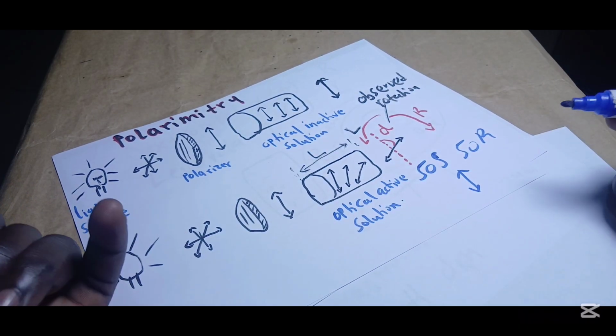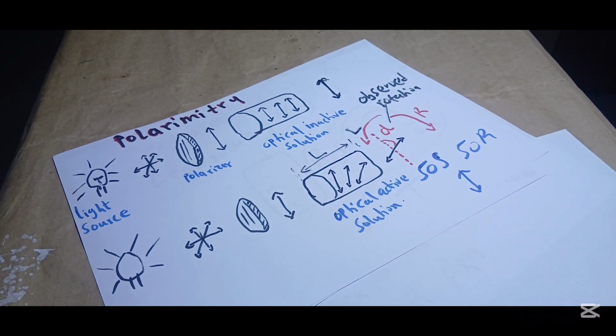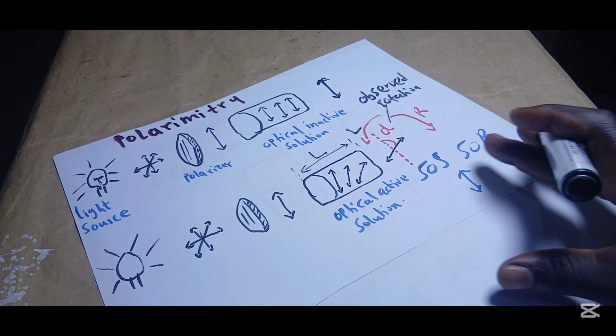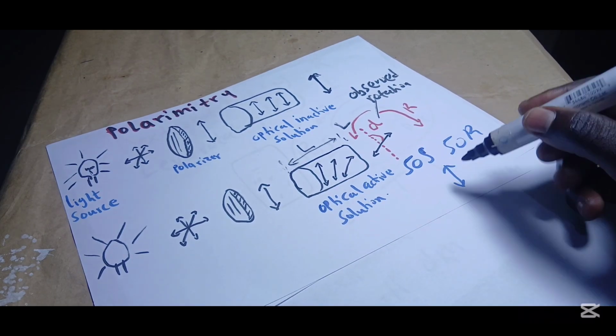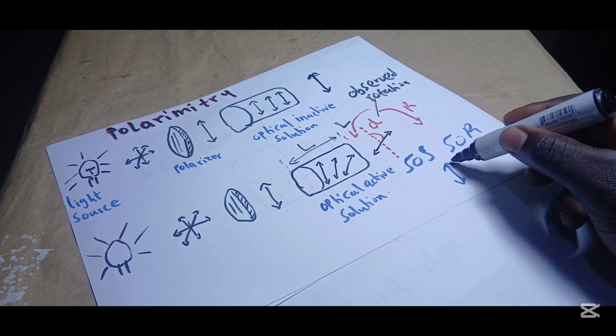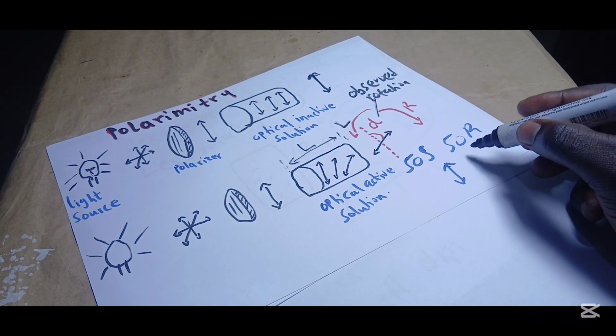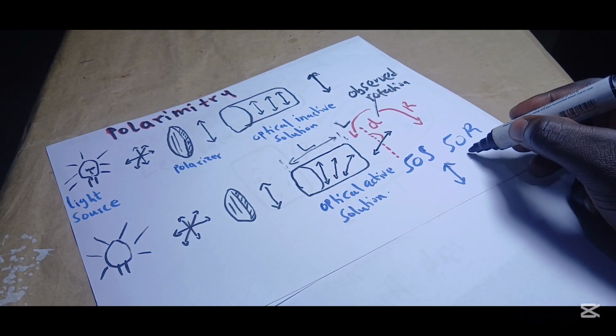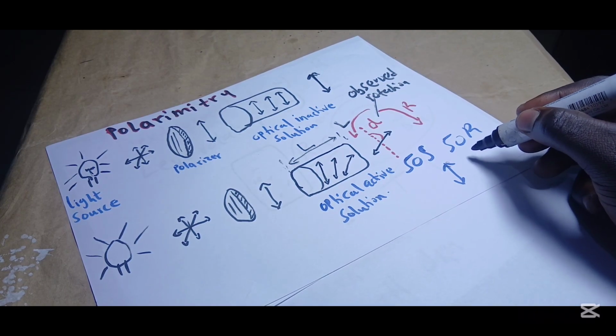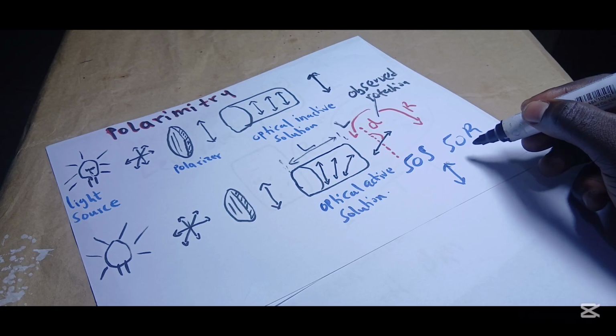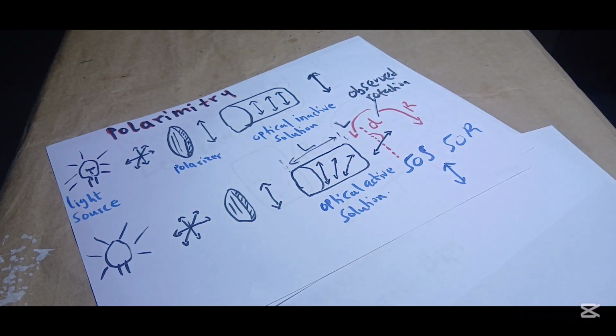Yeah, practically, which makes sense. So as a chemist or physicist, the polarimeter cannot tell you directly whether the solution is racemic or optically inactive. Once there is a rotation, you can say something about it.